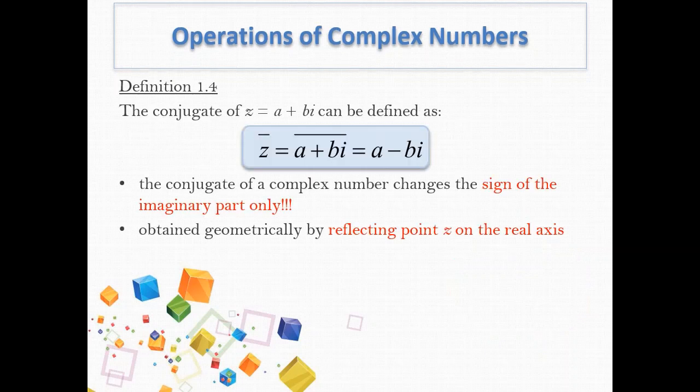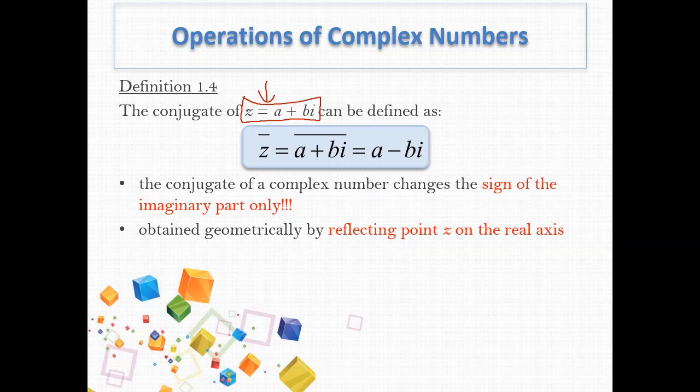Do you still remember what is conjugate? The conjugate of a complex number. If you have a complex number z equal to a plus bi, the conjugate of this complex number, which we represent as z bar, means z conjugate, is equivalent to a minus bi.